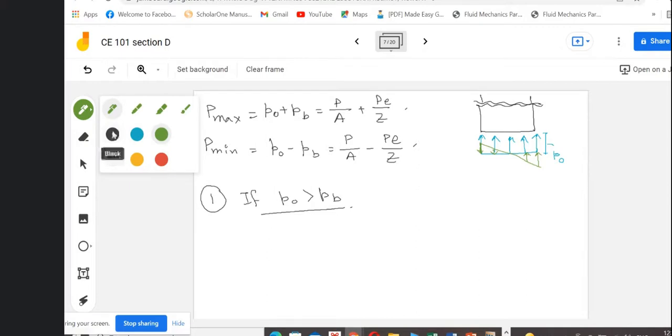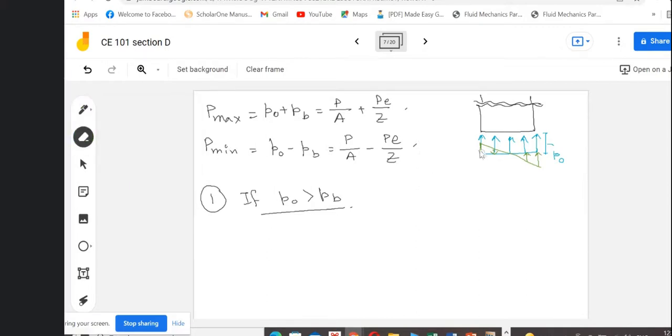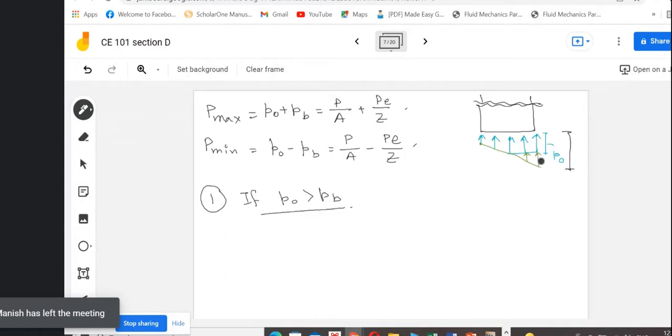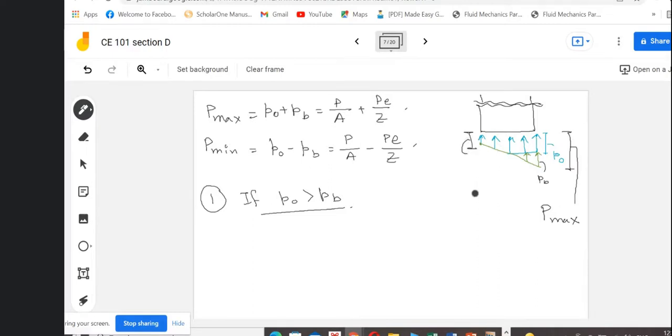So eventually, this one is our PB, this one we can say is P maximum, and this portion we can say is P minimum.